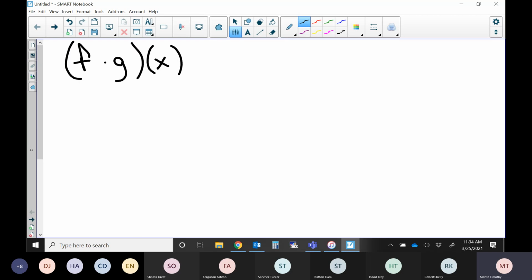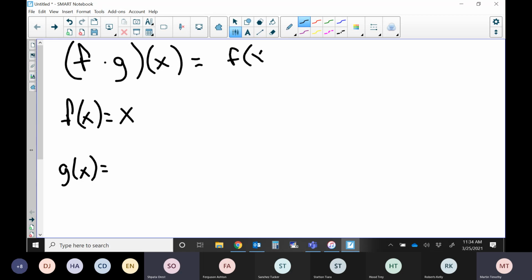So if I write this for you, what do you think that means? F function times the g function. So f of x times g of x. And so what is the f of x function for this one? It's x, right?